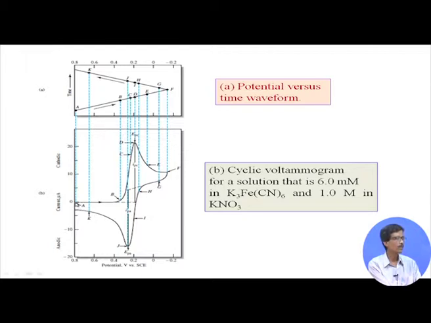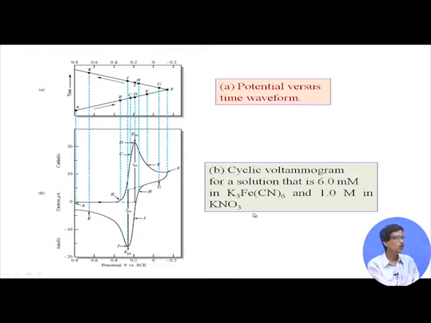Obviously, it is not matching again to 0. This residual current we have to accept because of the condition and the nature of the electron transfer reaction on the electrode surface. So here also we get two quantities, the peak potential as well as the peak current for the anodic scan, which is IPA.